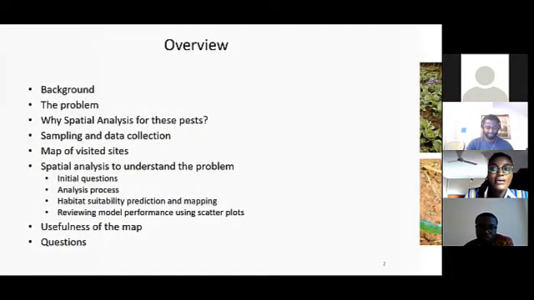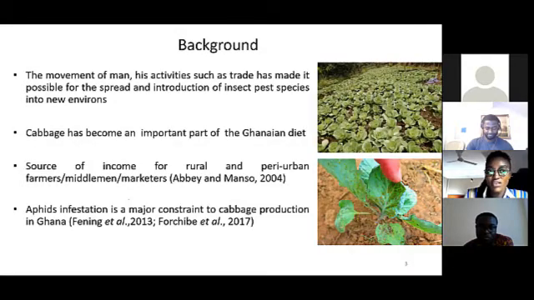Generally, insects, as we saw in the earlier presentation where Rose told us about using remote sensing data for pests, what if you're dealing with insects that are very small? Insects move from one place to another based on the activities of man, particularly trade.